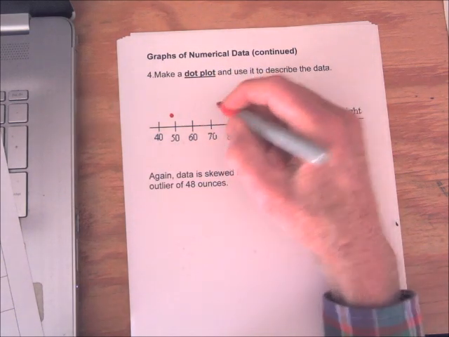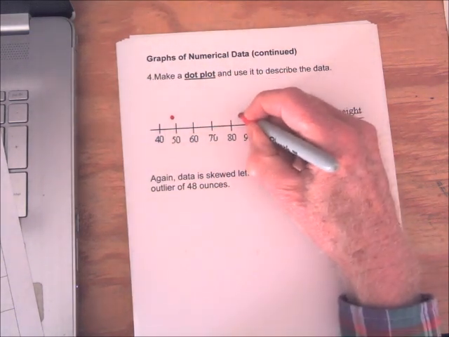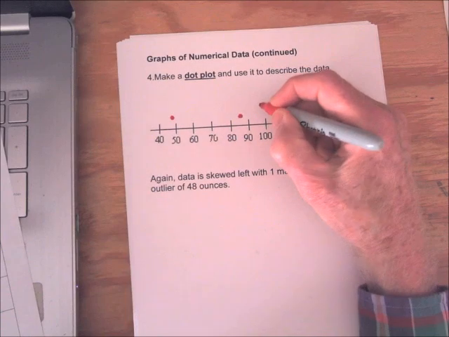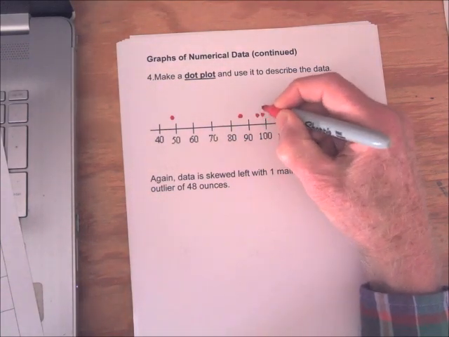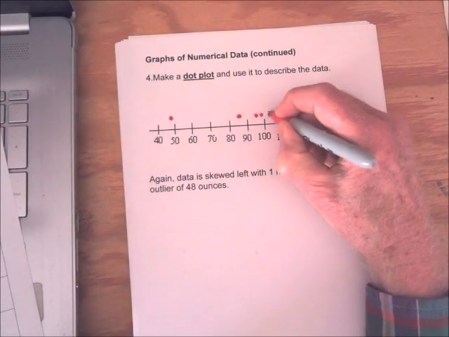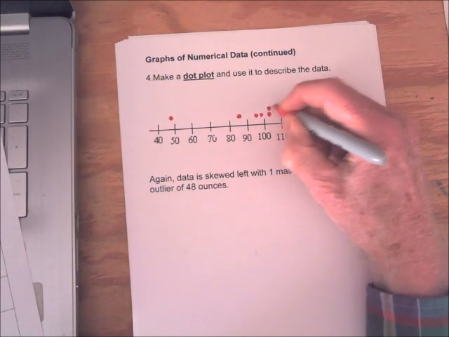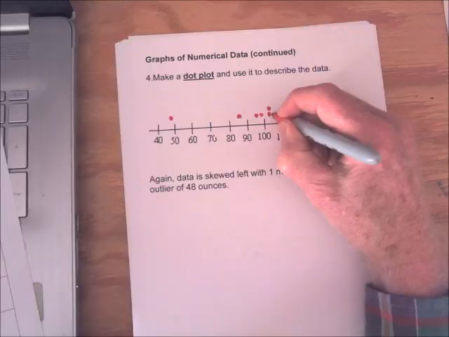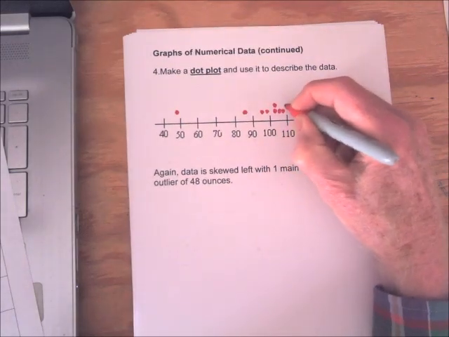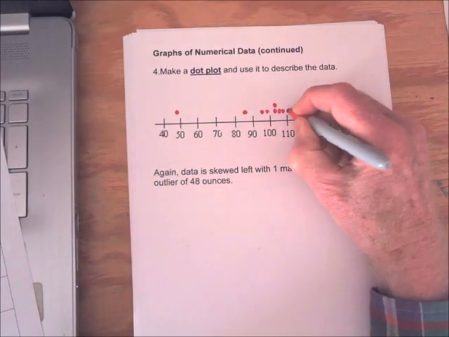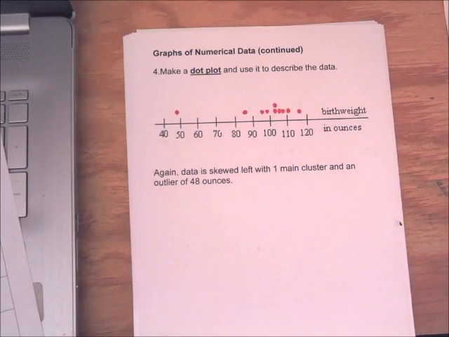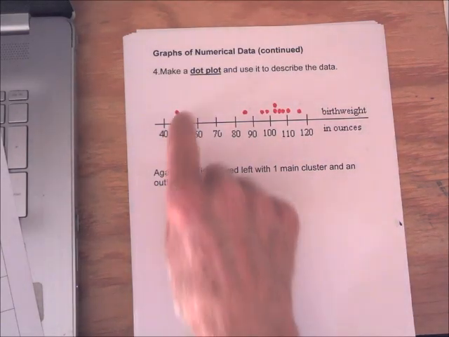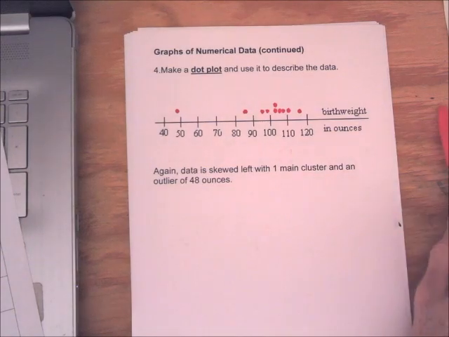We have an 85 ounce baby, 96 and 98. We have 2 babies at 103, so then we stack the dots there at 103, 104, 106, 110, and 117. So again, one main cluster skewed left, we have an outlier of 48.